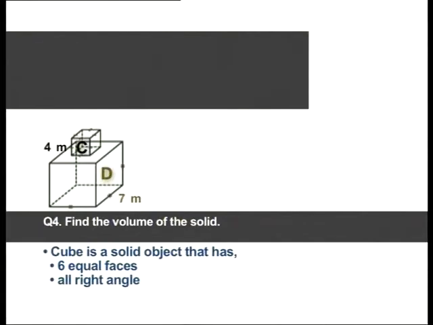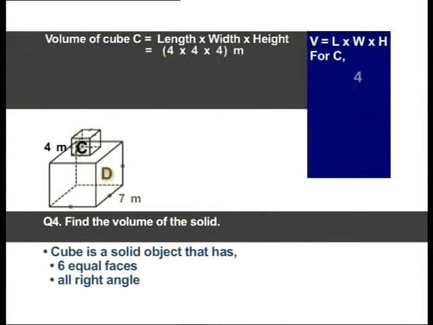As we know that a cube has 6 equal faces, the measurement for this solid is 4 meters length, 4 meters width, and 4 meters height. So 4 multiplied by 4 equals 16, and 16 multiplied by 4 equals 64. The volume of cube C is equal to 64 meter cubic.